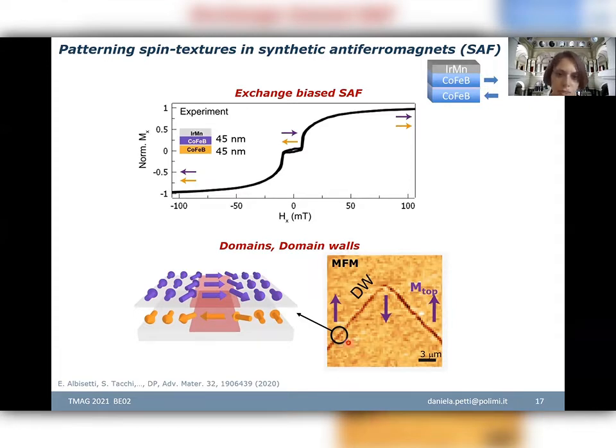This is a compensated system. So as I will show you afterward, the signal is arising only from the domain wall. And in violet, this is the direction of the magnetization in the top layer, while in the bottom, of course, it is anti-parallel to the top one.